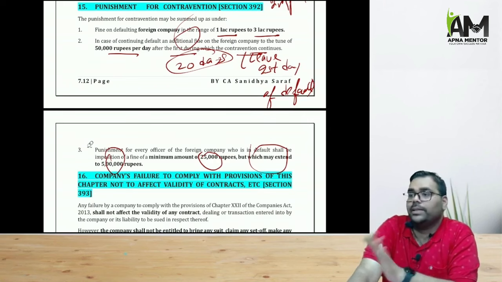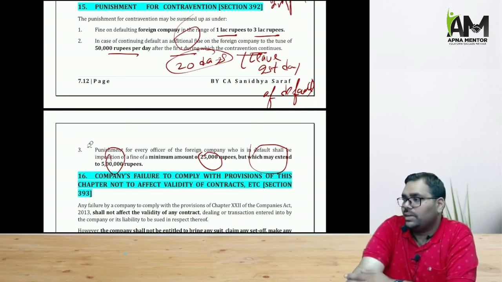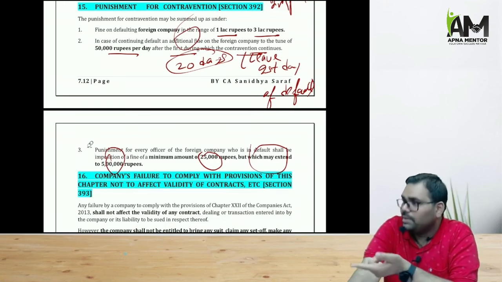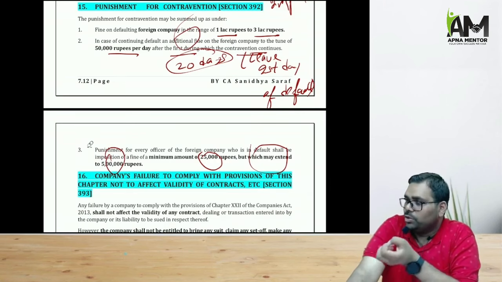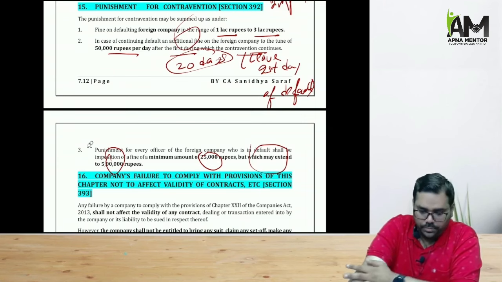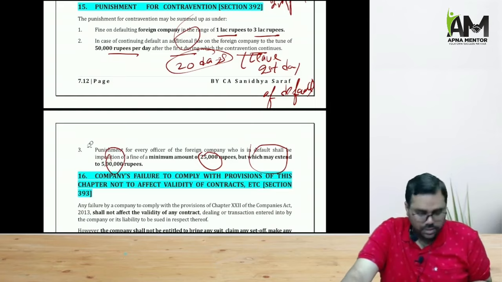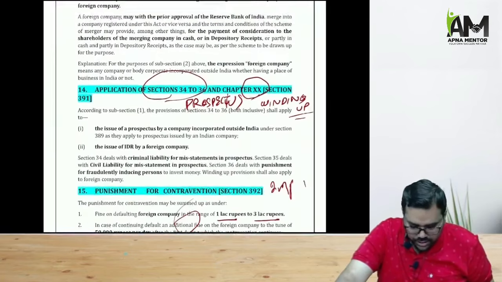All penalties you cannot do, but all the penalties given at the end of your ICSI study material, the question bank, and any penalty in your mock test paper or RTP, at least those penalties you compulsorily do. So this is the punishment for contravention in case of foreign companies.